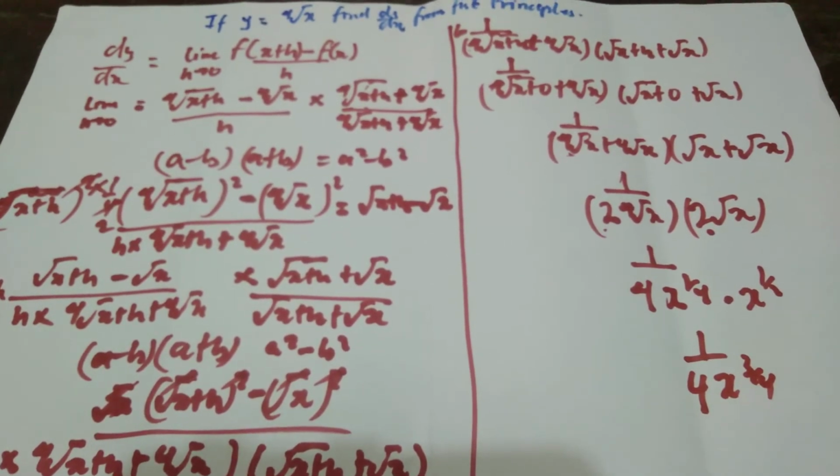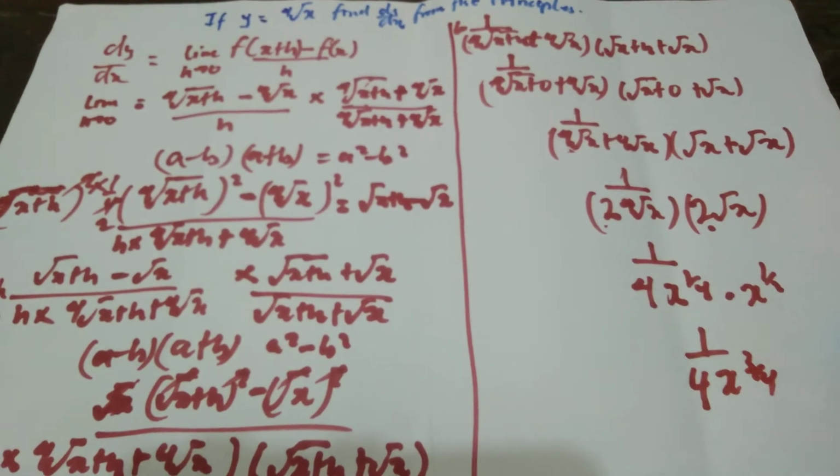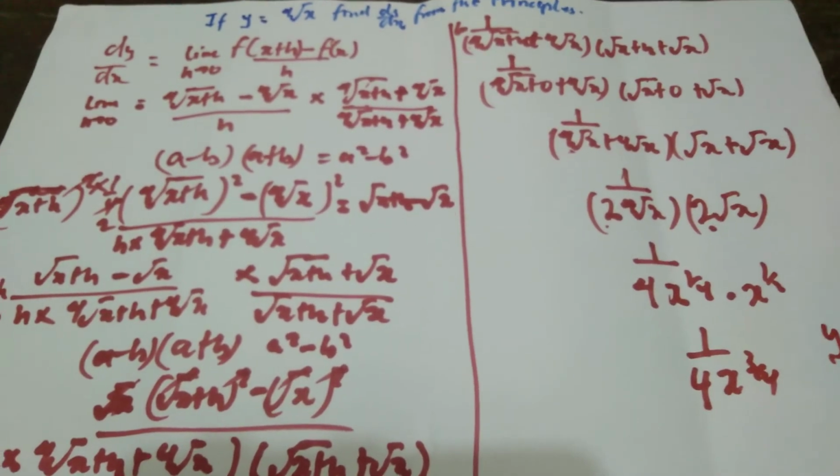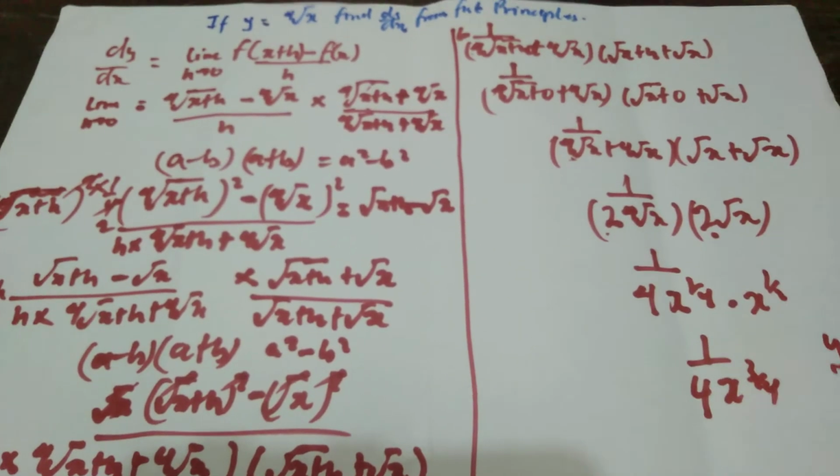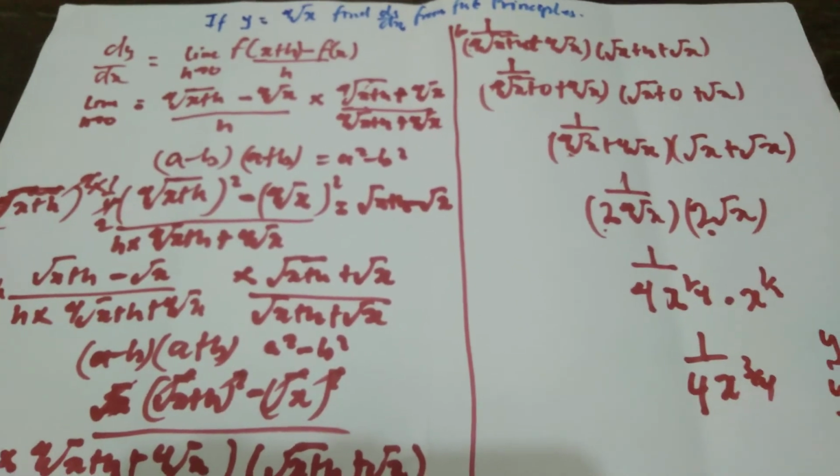Using normal differentiation now: if y is equal to a x raised to the power n, then dy over dx is equal to n a x raised to the power n minus 1.